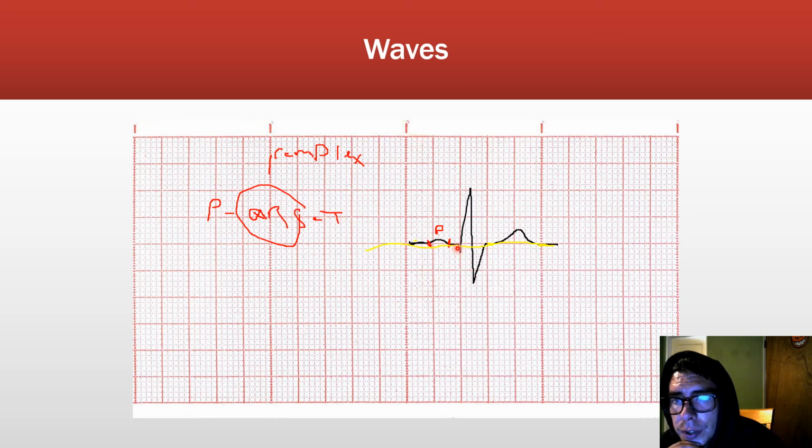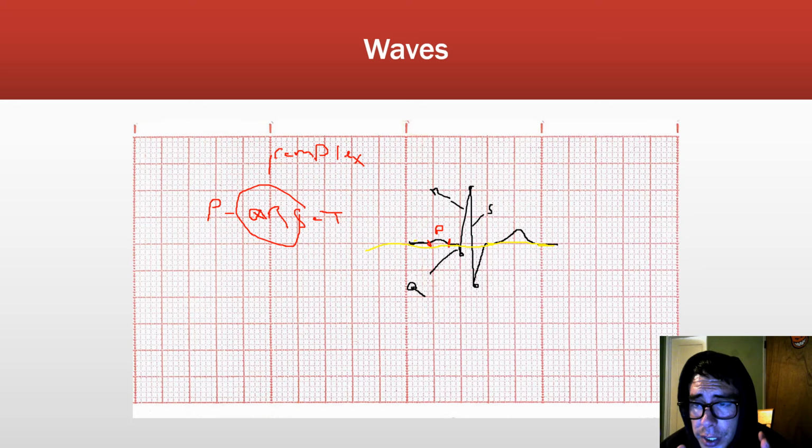Then the first deflection down from baseline is our Q wave. Then once it goes from down there all the way up to this top part, that's the R wave. Then from there down to here would be the S wave.